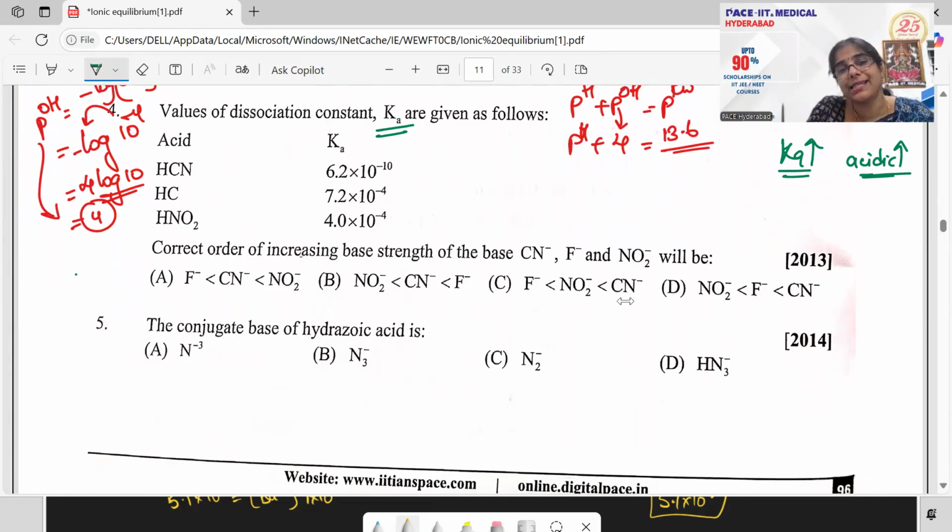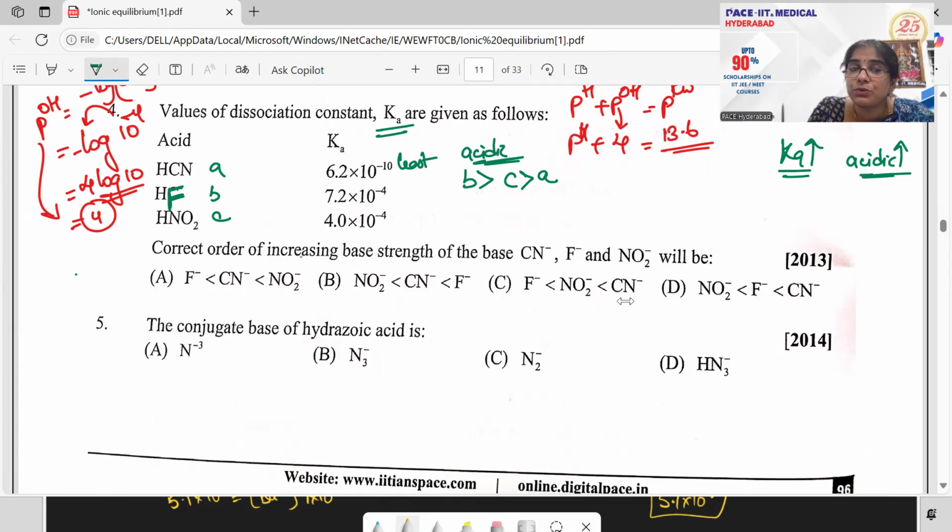Here I can see 10 power minus 10 is the least acidic character. So this is HF, not HC, HF. This is A, B, and C. I'm just writing so that we can go on quickly. B is the most acidic because it is 7.2 into 10 power minus 4. Then you have C, then you have A. This is the acidic character we are talking about.